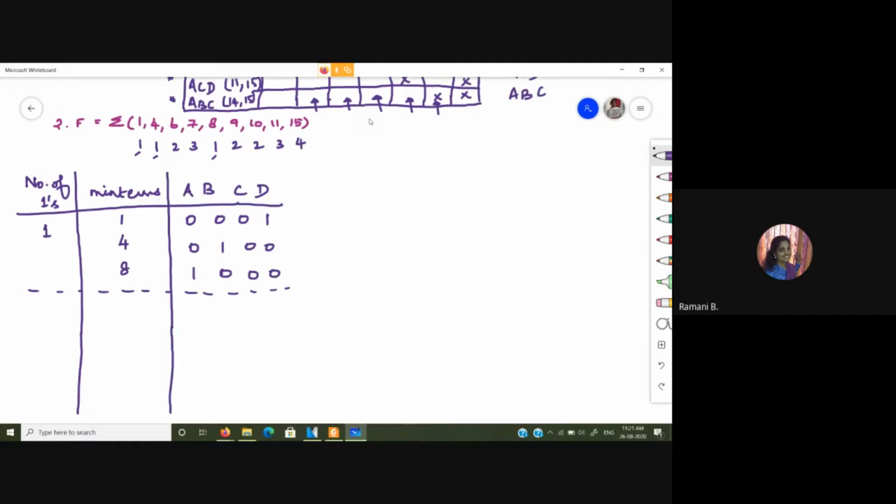The next group, 2 number of ones. So we have 6, 9 and 10. So with 6, 0 1 1 0. For 9, 1 0 0 1. For 10, 1 0 1 0.